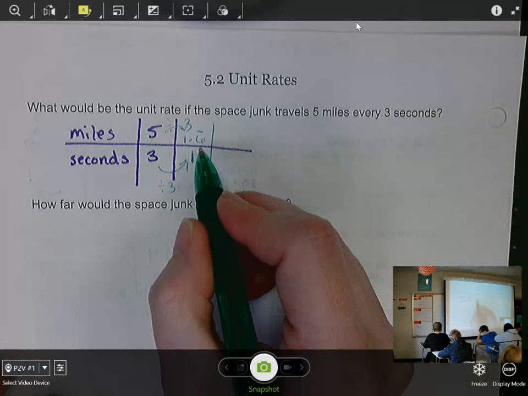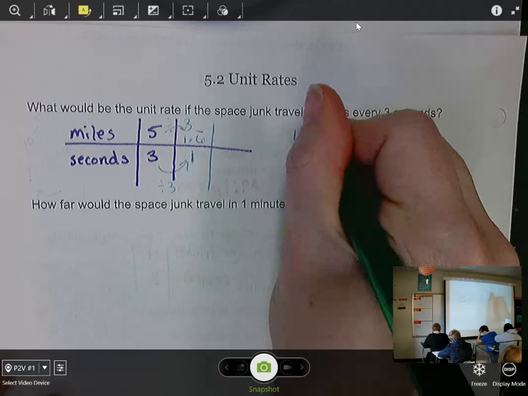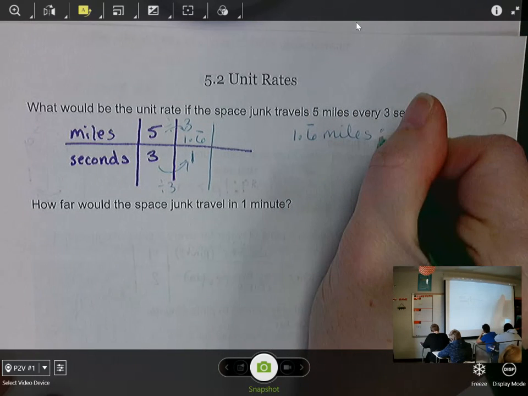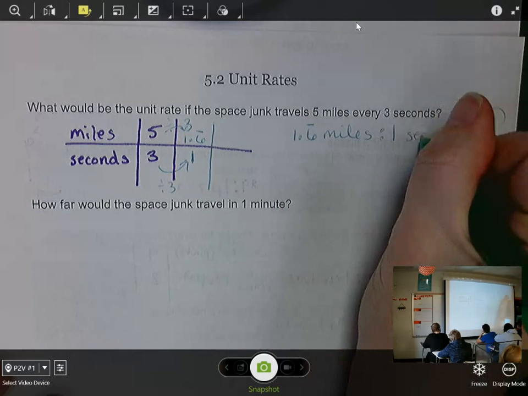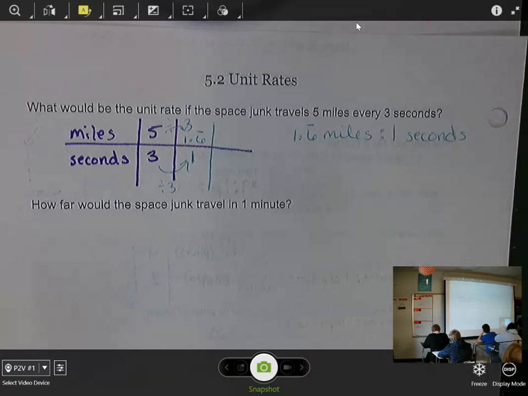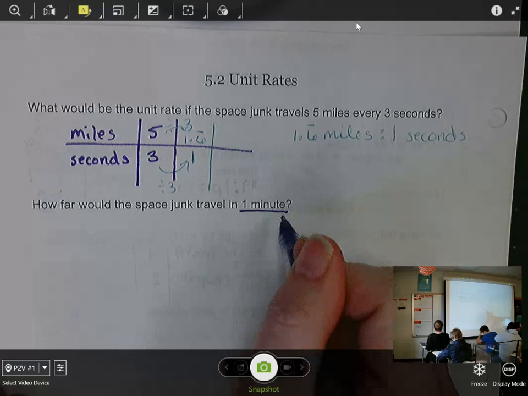Okay, so how I would write this as a unit rate, you would put 1.6 with a line above it, miles to 1 second. So it travels 1.66666 miles every 1 second. Now, the next part. How far would the space junk travel in 1 minute? Well, how am I going to do that?